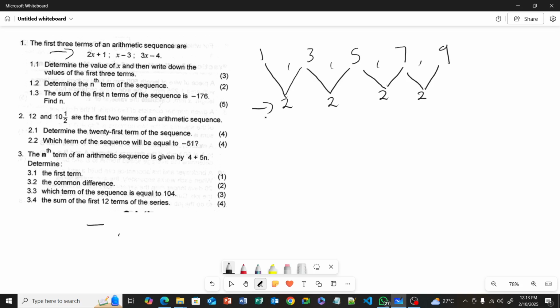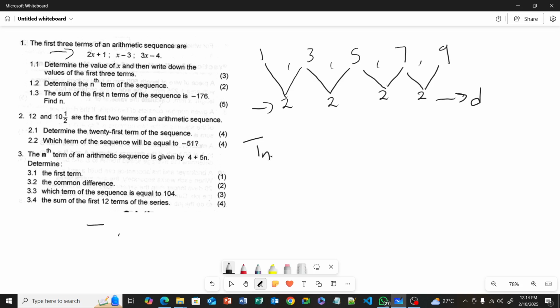Now, when we go to an arithmetic sequence, the difference between the terms must be the same throughout. And this difference will be denoted by the letter D. Okay? Where do we take the letter D? We take the letter D from this equation. Tn, which means the nth term.